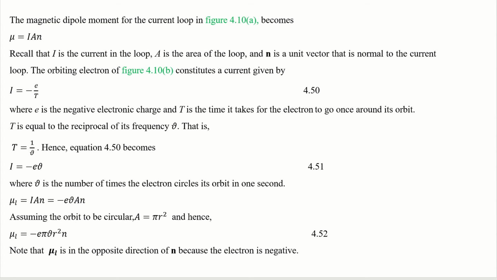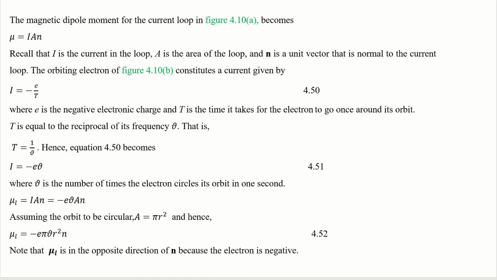The orbiting electron of figure 4.10B consists of a current given by I equal to minus e over T, where e is the negative electron charge and T is the time it takes the electron to go once around its orbit. T is equal to the reciprocal of its frequency nu.